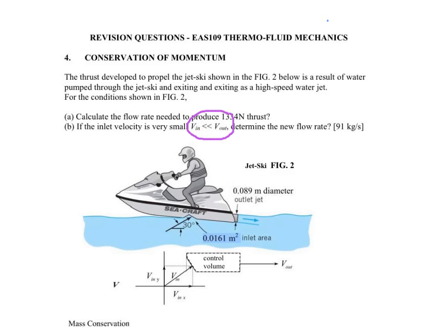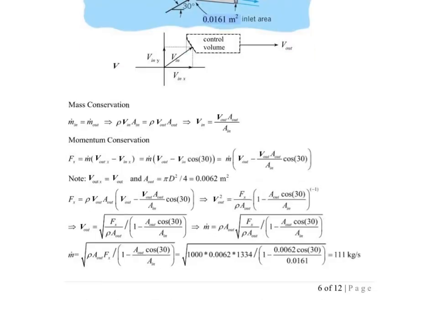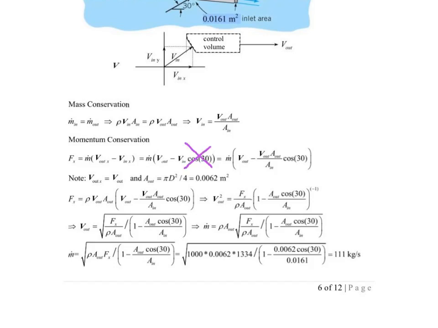Now if V in is smaller, how does it help us? Let's go back to our formula, and you can see that V in becoming smaller allows us to eliminate this expression completely on the right. And if we follow through, all these become insignificant.